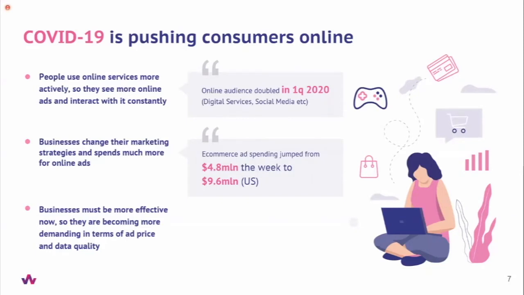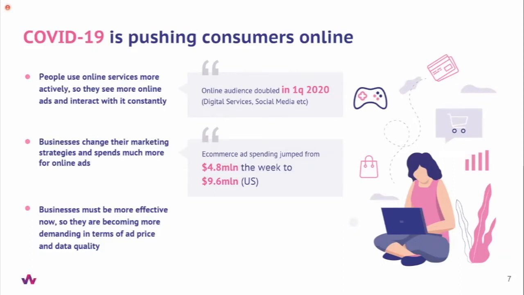As we see, the online audience of huge digital services, social media, and so on, doubled in the first quarter of 2020. A lot of businesses are now trying to reach their audience using digital channels, and for most of them, that's the only way for now to reach their users.